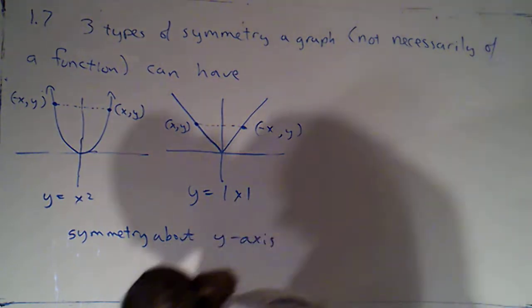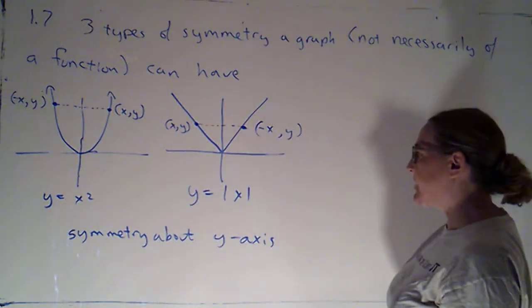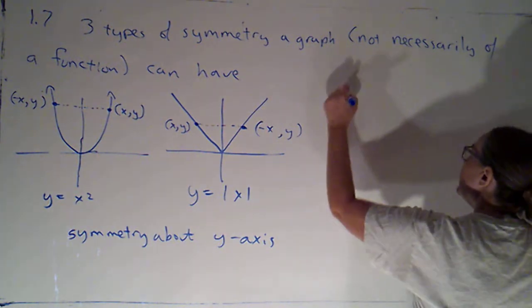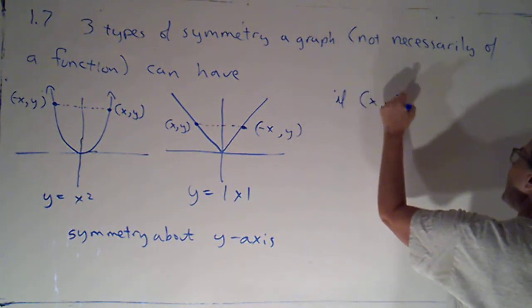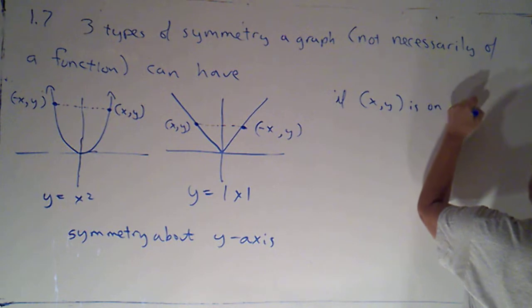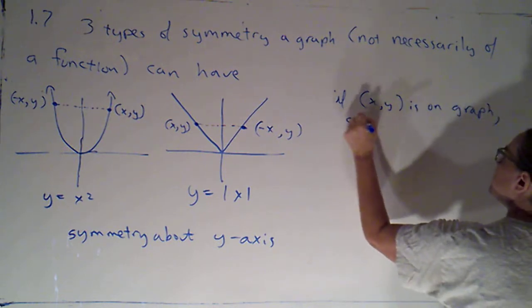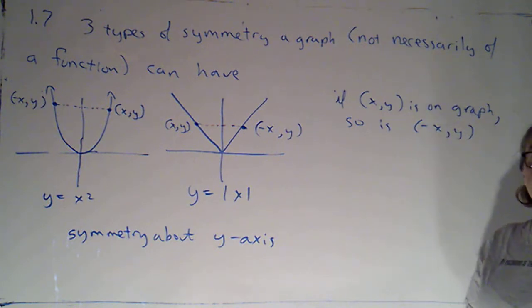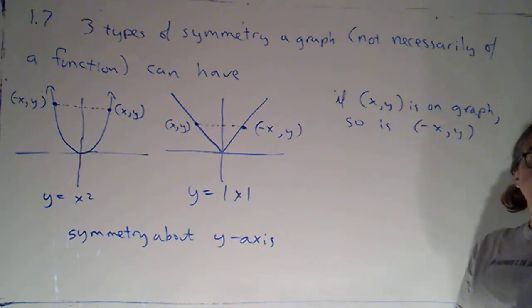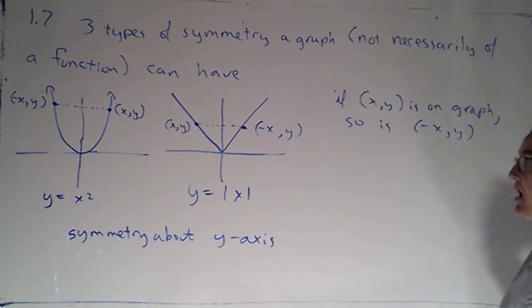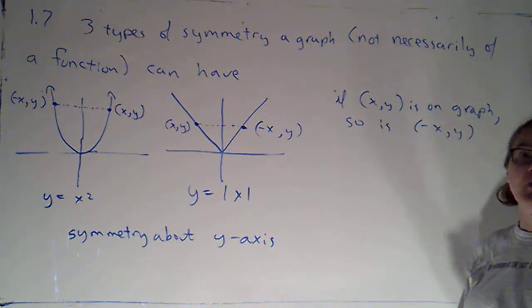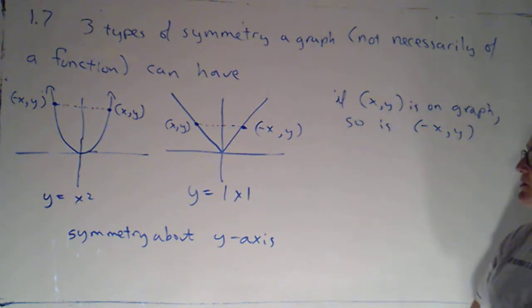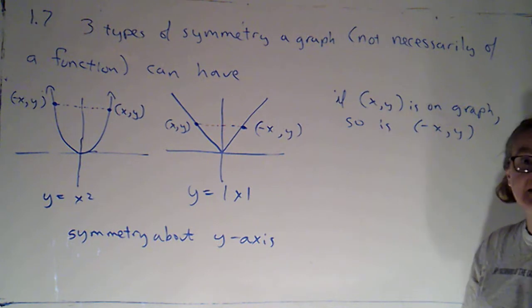So, a graph is going to be symmetric about the y-axis if this is true. If x, y is on the graph, so is the opposite of x, y. So let's just take a look at an equation and see whether the equation describes a graph that would be symmetric about the y-axis.